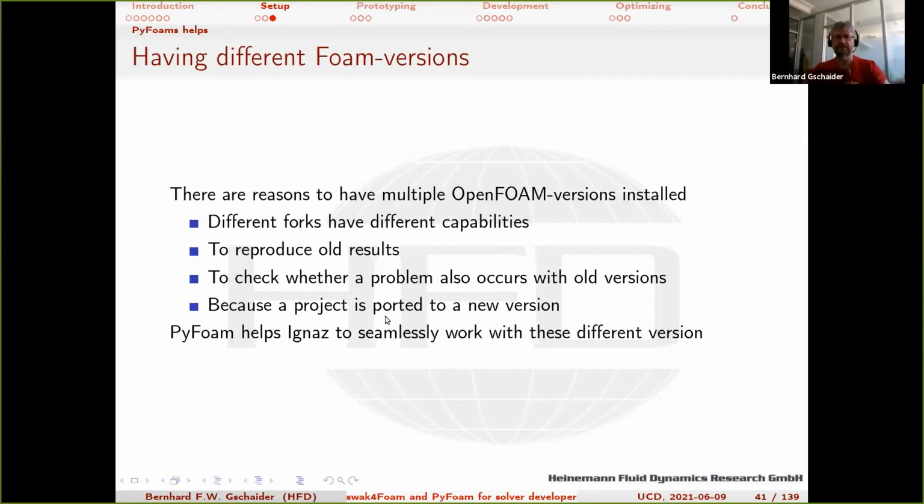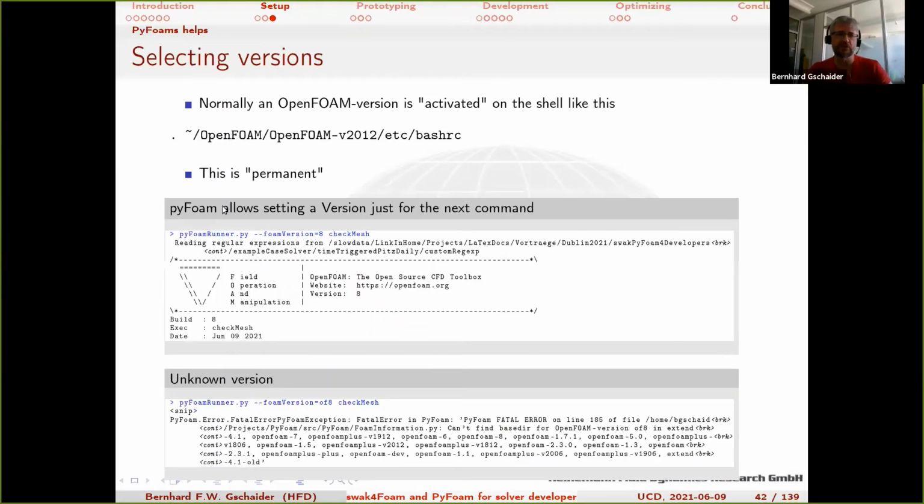Yeah, and so PyFoam helps you seamlessly work with different versions, because usually if you want to switch to a different version, you have to source the bashrc file of that version, and then the shell is in that version. And once you have stopped working with that version, you have to switch it back. So basically, this is permanent.